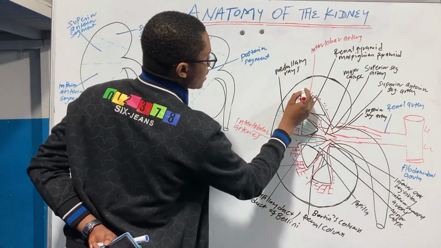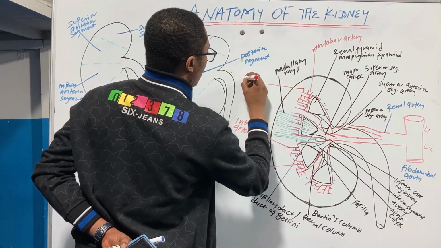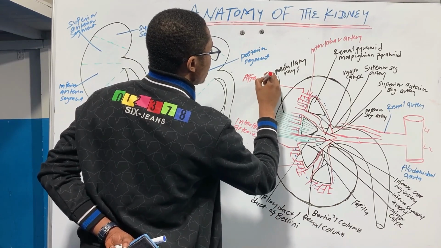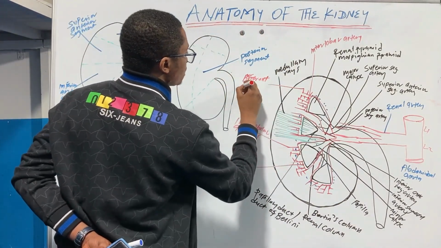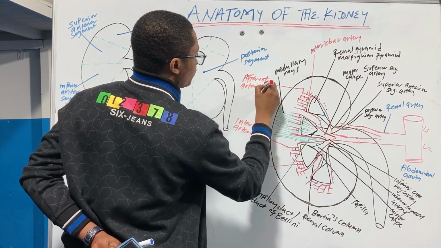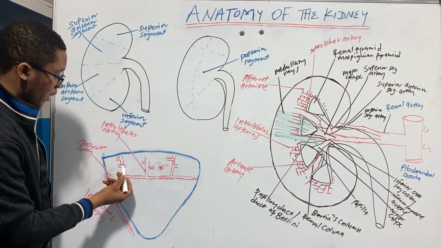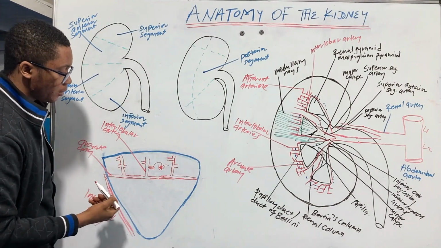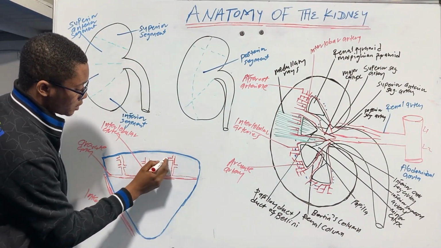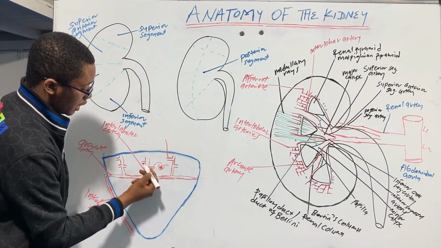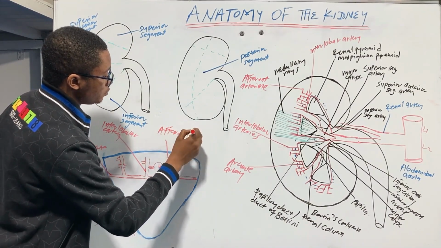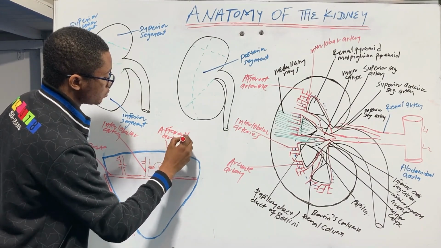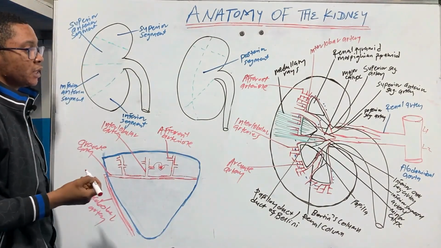I'm going to label this as the afferent, which means they are heading somewhere, they are going toward something. From this enlarged renal lobe, we can see the afferent arterioles, which are these.